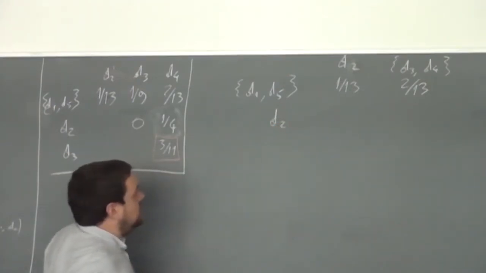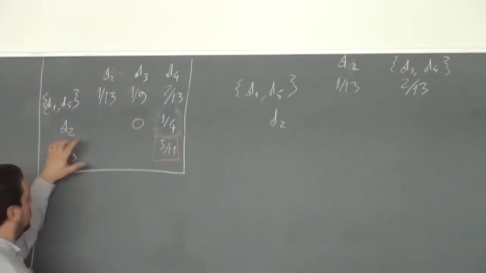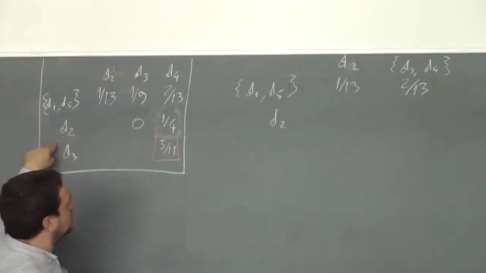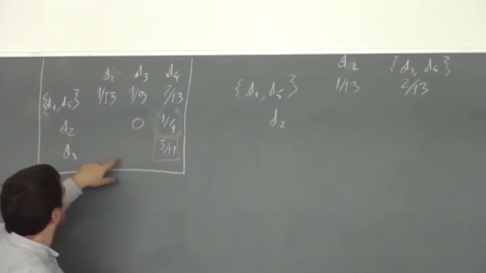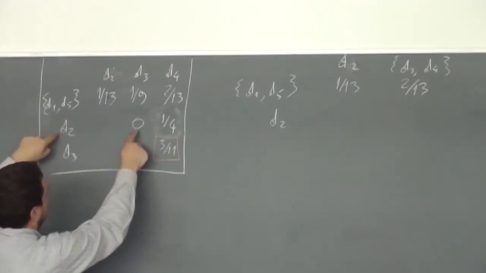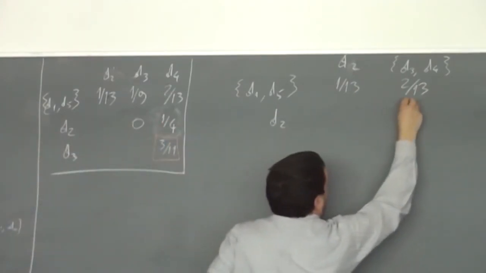Then the only other similarity that we need, given that D3 has been absorbed with D4 and does not exist anymore, is the similarity between D2 and D3, D4. Similarity between D2 and D3 is 0. Similarity between D2 and D4 is 1/4. So we have 1/4.